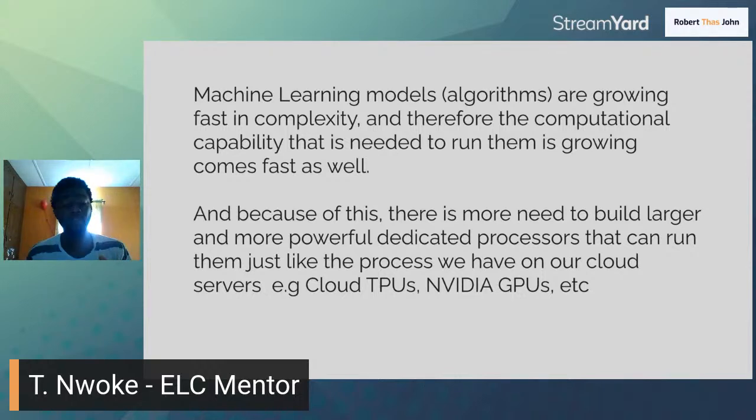And special types of processors have been designed to be able to manage and accommodate that kind of heavy lifting or heavy computation, like the Google Cloud TPUs we have and NVIDIA GPUs for running these models, right? So how can we run something that runs on a GPU on this? That is where the question comes in.